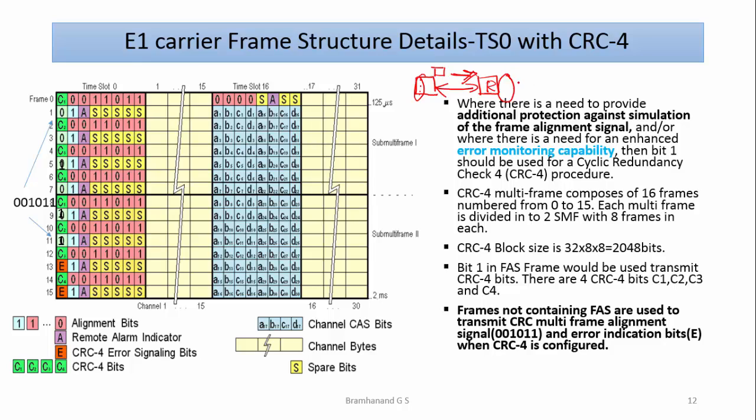So if there is any difference between those remainders, then it flags an alarm saying that there is a bit error in these bits, right? So these bits carry error information when CRC4 is established. So this gives a better protection mechanism for my data.